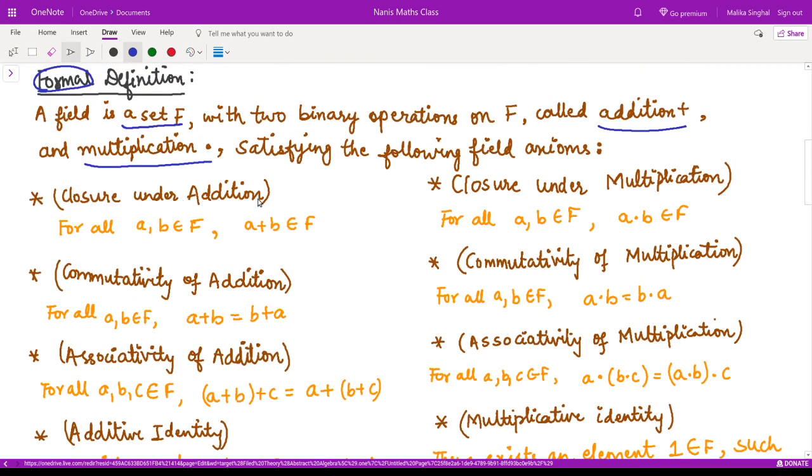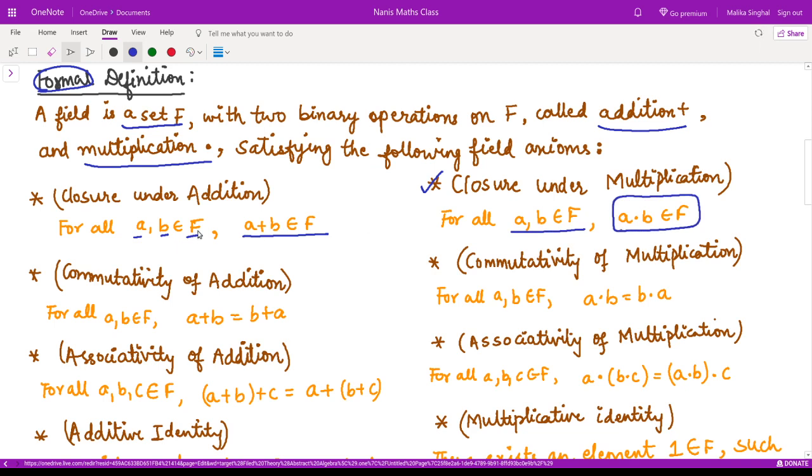The closure under addition means that if you take any two elements from the set F, then their sum should also be in F. And the closure under multiplication, what does it mean? It means that if you take any two elements from the set F, then their product should be in the set.